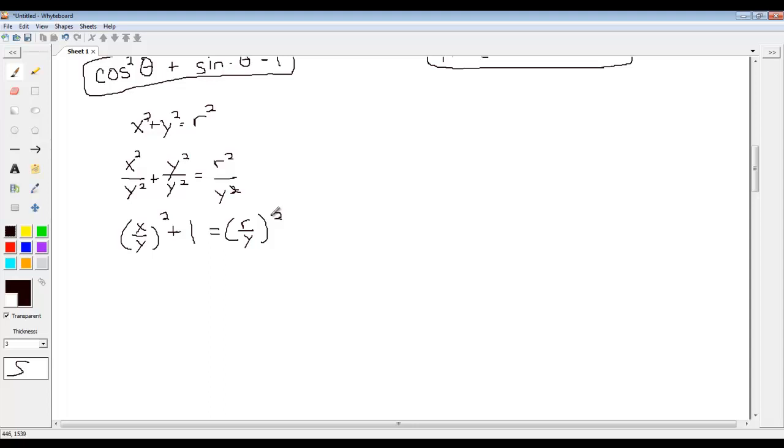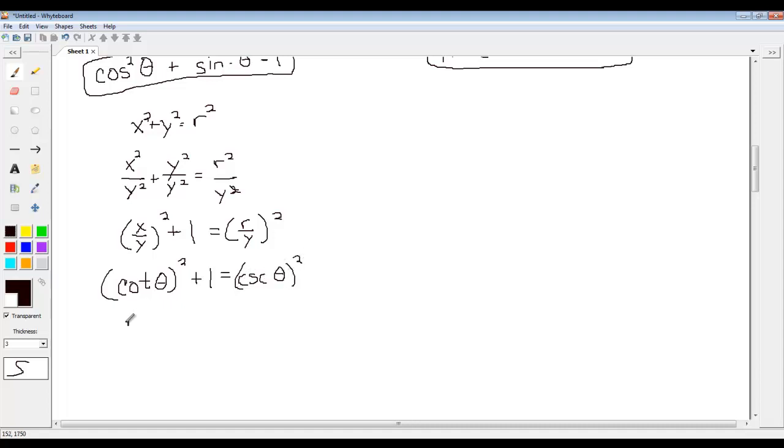Alright, let's make some substitutions here. Because we know x over y doesn't have to just be written x over y. We know we could say cotangent theta squared plus 1 equals, and then r over y is cosecant theta, that's squared.